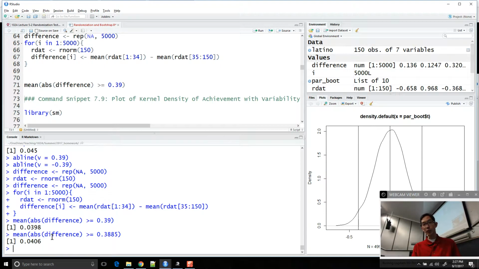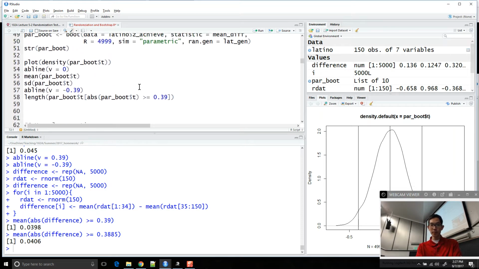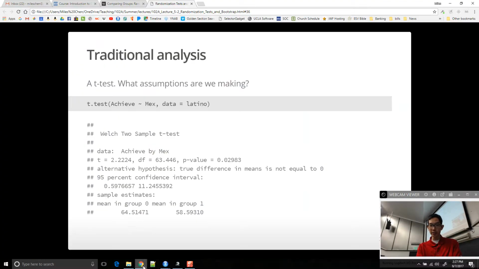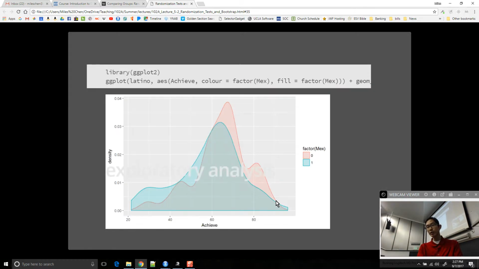And this is what we're getting when we do our parametric bootstrap. With a parametric bootstrap, you're making fairly large, major assumptions about the population. In this case, we're assuming that educational achievement follows a normal distribution, which may be a reasonable conclusion because of the plots we produced back here. It might be reasonable to say that the population this comes from could be a normal distribution.